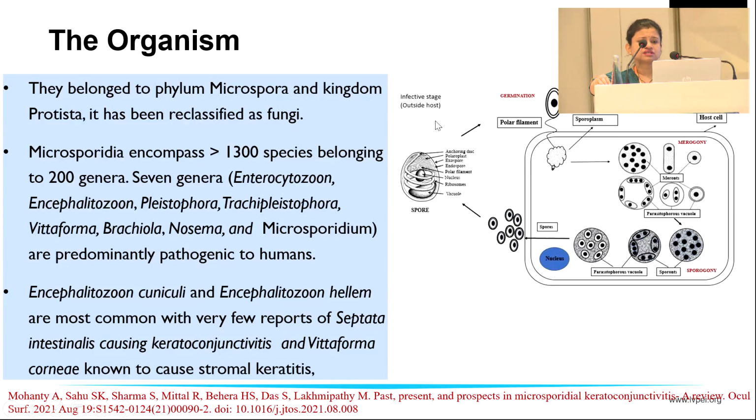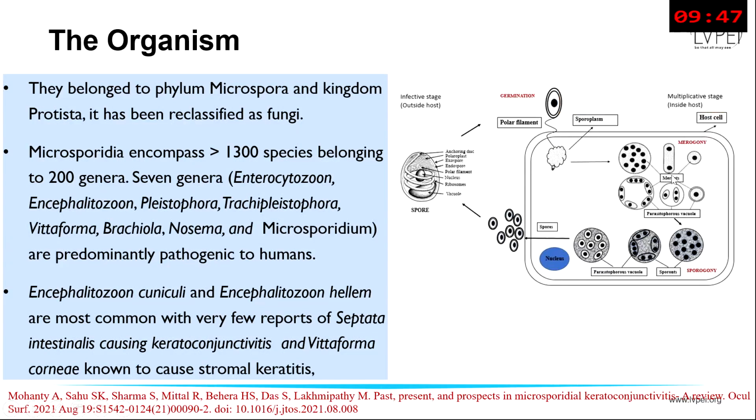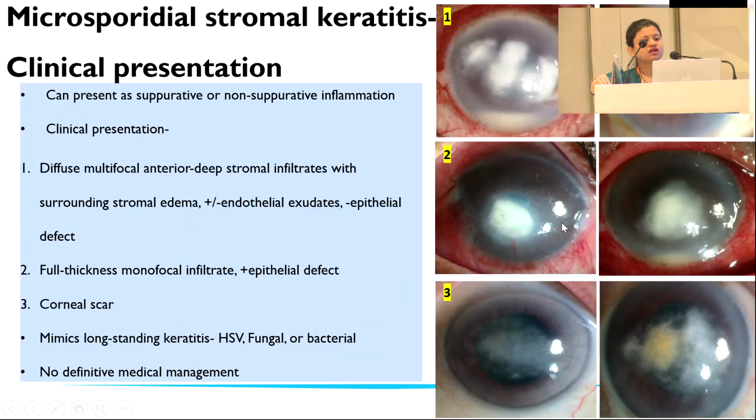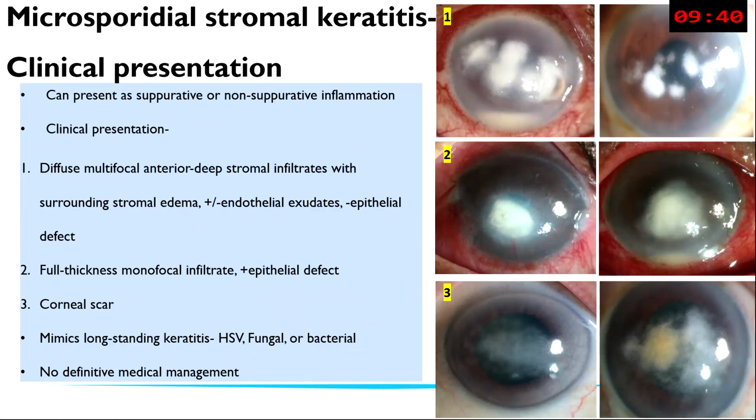It has two phases: first the infective stage, which is outside the host, and the multiplicative or sporogony phase, which occurs inside the host.